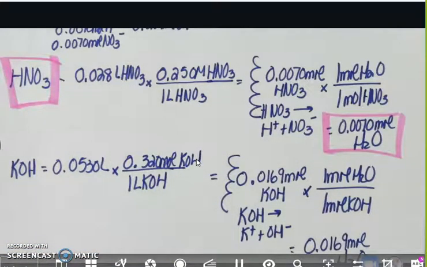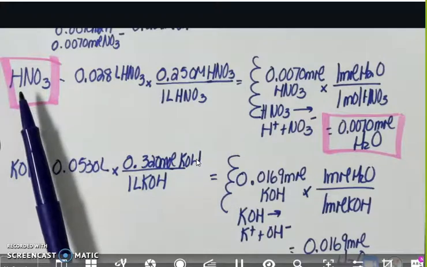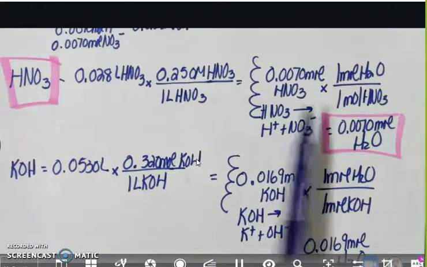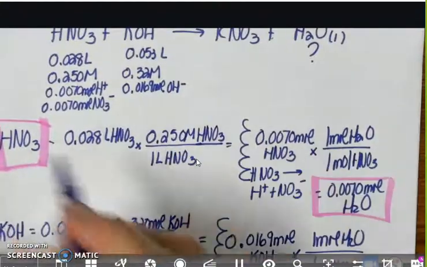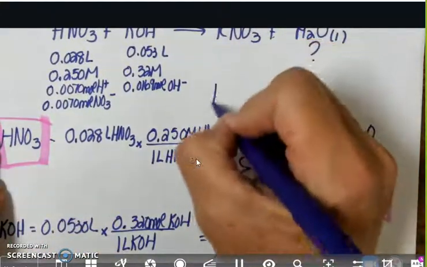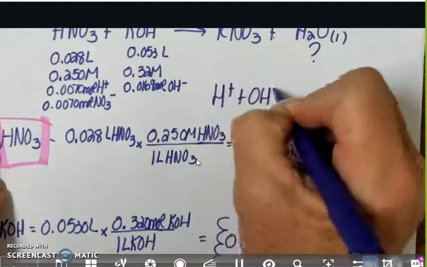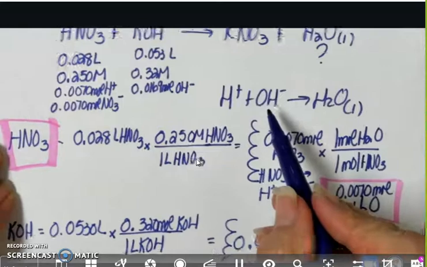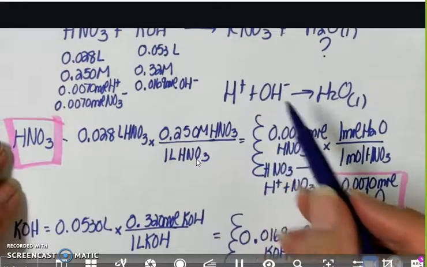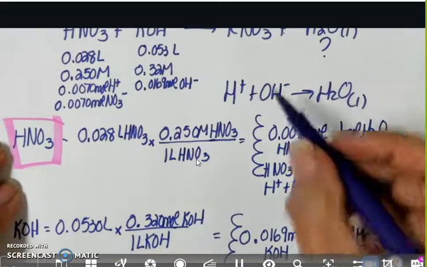Now, if this is limiting, how many moles of H plus do I have left at the end of the reaction? Well, I have none, right. I used it all because this is my limiting. So here's the way to remember it. For your limiting, if this is my net ionic, any ion that is in the net ionic, in the limiting compound, is done.